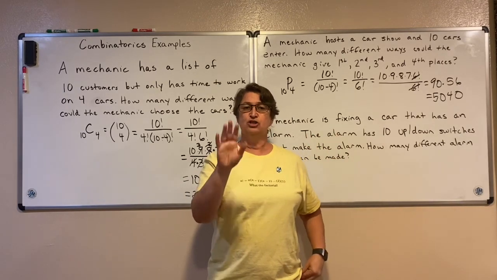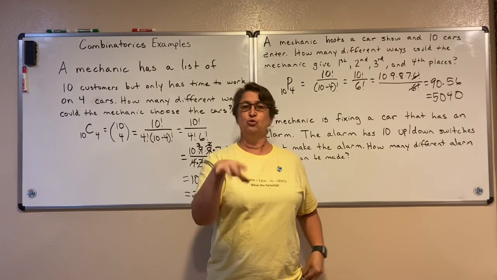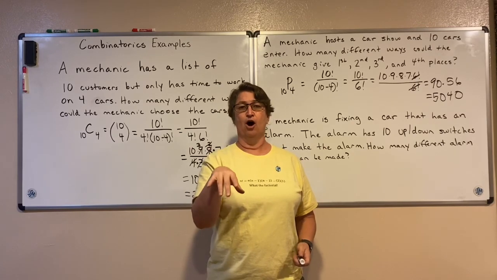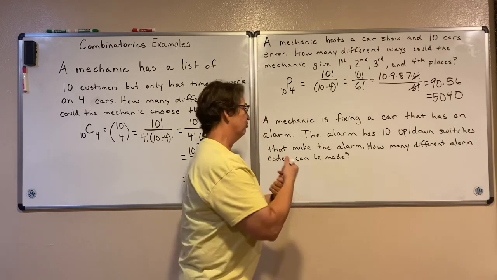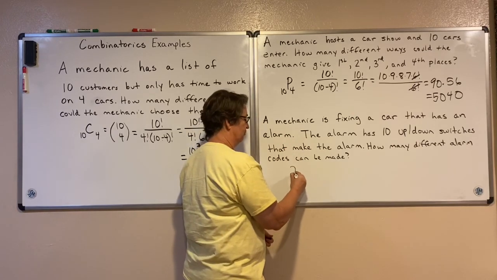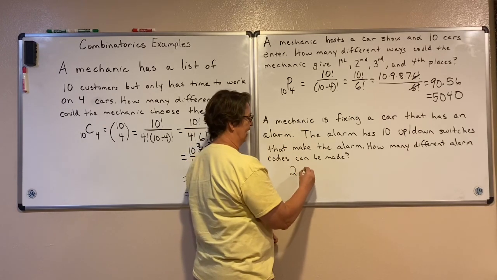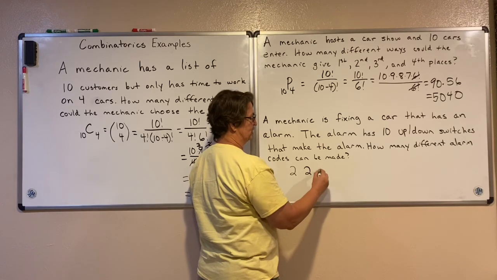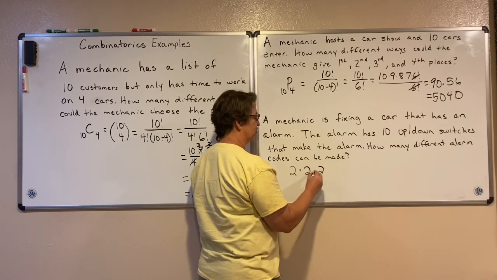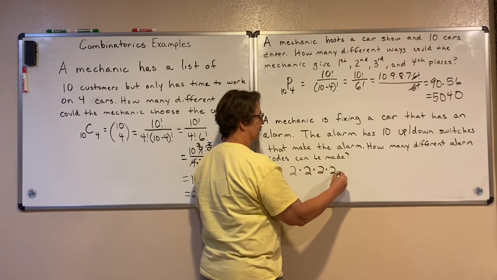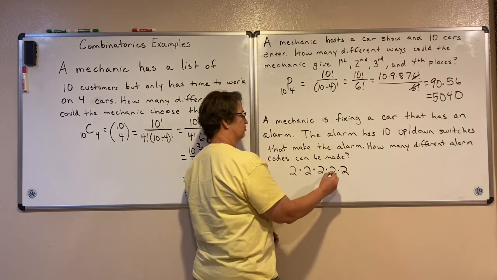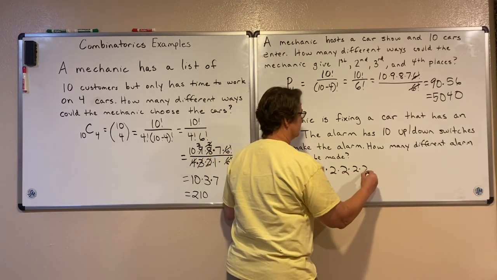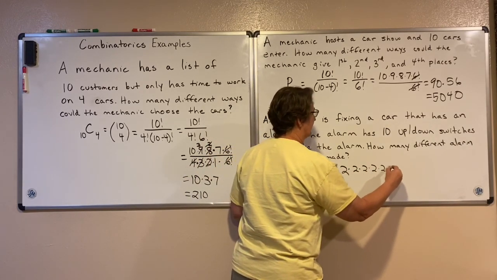Well, the first switch has 2 outcomes, on and off, or up and down. So the first switch has 2, the second switch has 2, the third switch has 2, and we're really doing that for 10 different switches. 1, 2, 3, 4, 5, 6, 7, 8, 9, 10.